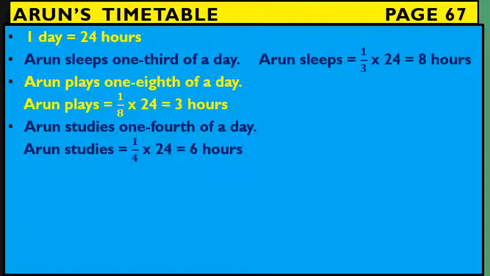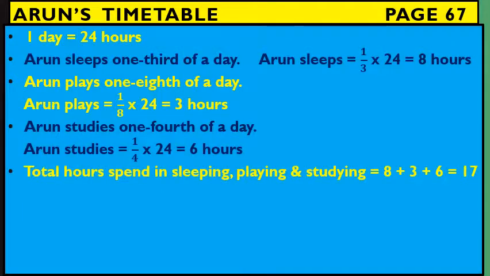So, total time spent in sleeping, playing and studying is 8 plus 3 plus 6, that is 17 hours. Time spent in other activities is 24 minus 17, that is 7 hours.